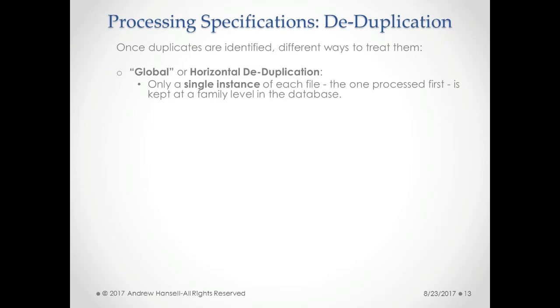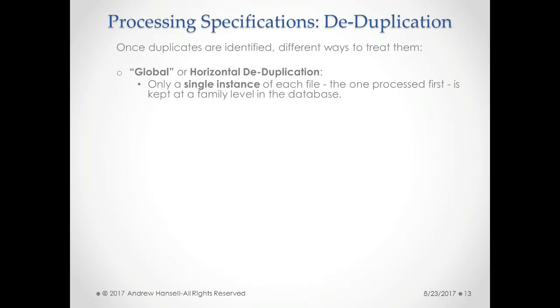It will generally populate another custodian field with the names of the custodians it removes it from, so that you know that you did have it as part of their collection, but you're only going to have 1 document, 1 instance of it, enter the database. Usually it will be the one that was processed first.